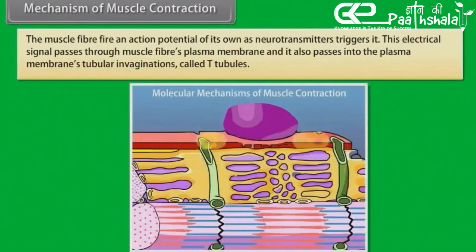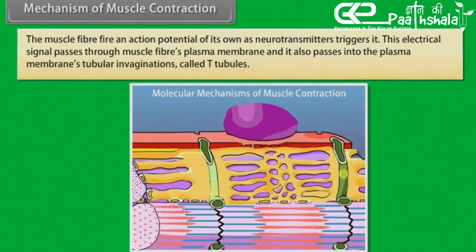The muscle fiber fires an action potential of its own as neurotransmitters trigger it. This electrical signal passes through muscle fiber's plasma membrane, and it also passes into the plasma membrane's tubular invaginations called T-tubules.